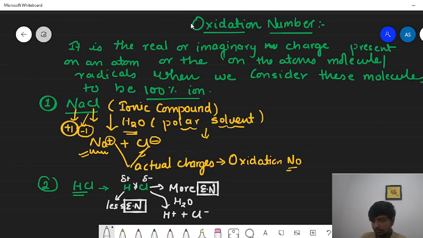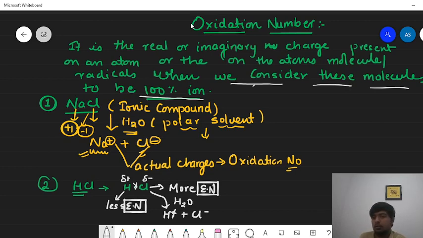That is why I had written that we consider these molecules to be 100% ionic. Because if we don't consider this molecule to be 100% ionic, then there will always be a slight positive and slight negative, instead of these complete positive and complete negative charges.